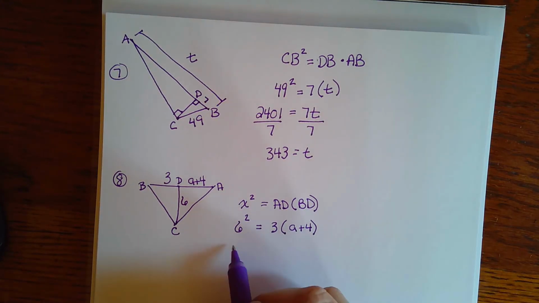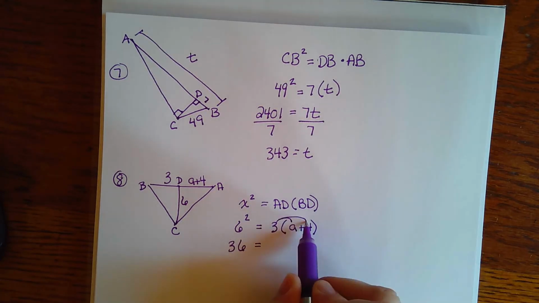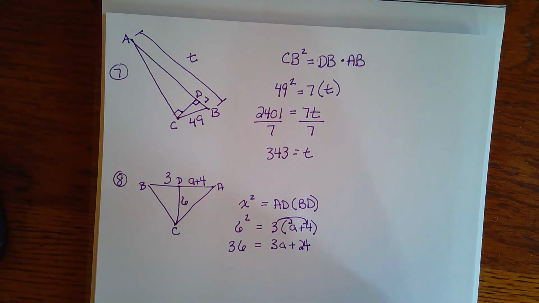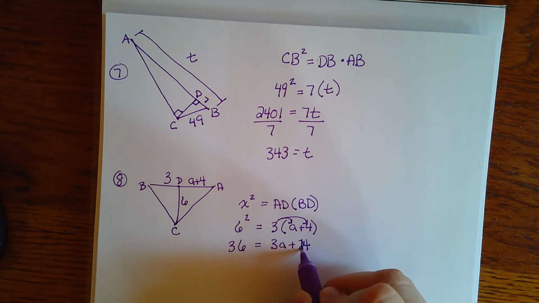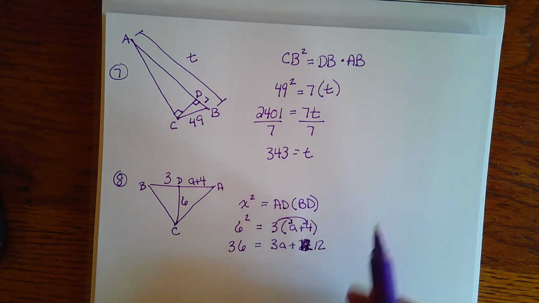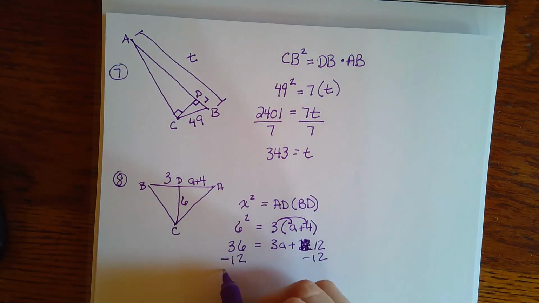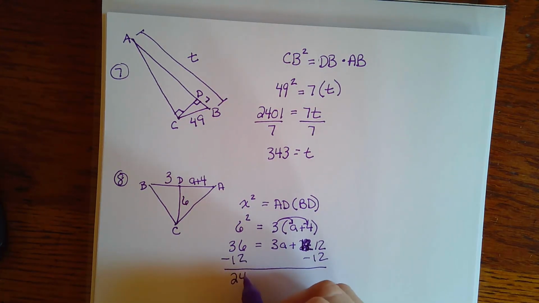So this right here is 36 equals, do your distributive property for the multiplication, 3A plus 12. I started to give myself away the answer already. So this is actually a 12, not 24. My fault. When you subtract 12 over, that's where I got my 24 from. So that's 24 there, equals 3A.